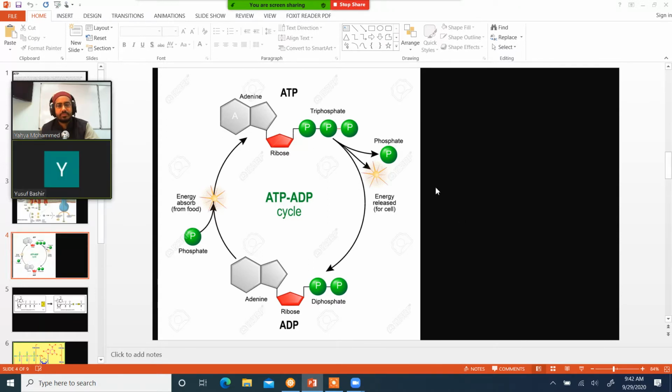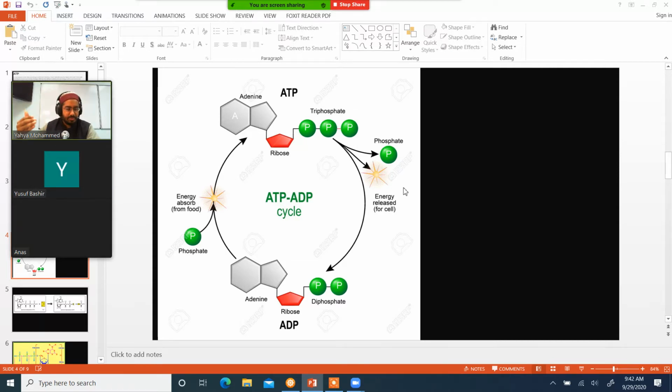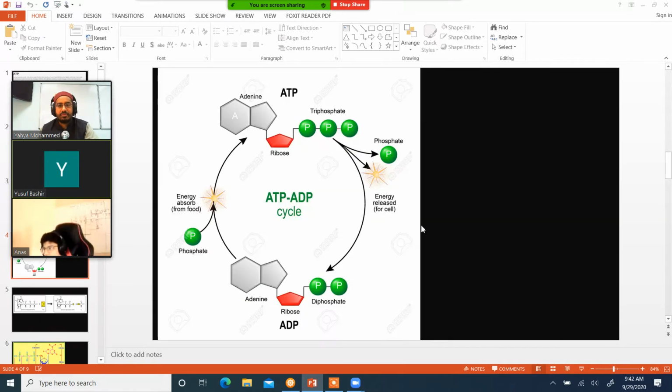So it loses one phosphate. ATP has 3 phosphates. When one of these breaks off, that's what results in a whole lot of energy being produced. It becomes a diphosphate, so this one over here is ADP. Eventually you need to turn ADP back into ATP.